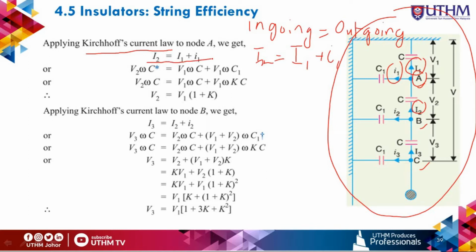And then for I2, the equation is I2 equals V2 omega C. So how do we get this equation?